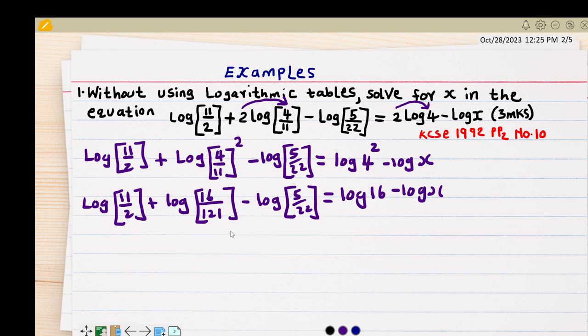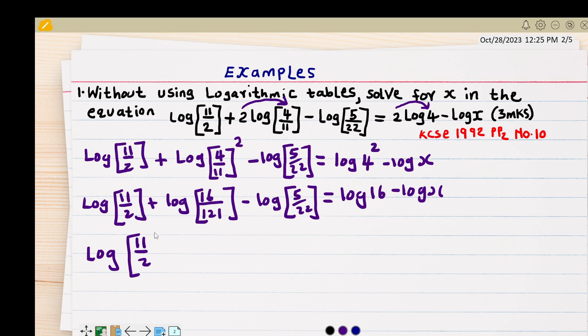Now applying a combination of the first and the second law, which required that whenever you add you have to multiply, whenever you subtract you have to divide, it means that I'm going to factor out logarithm, then into bracket 11 over 2.